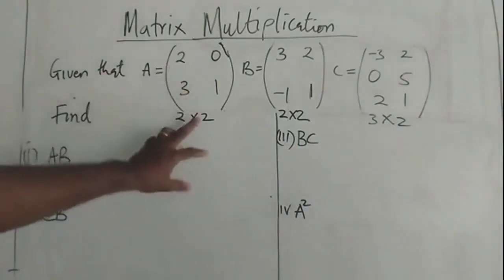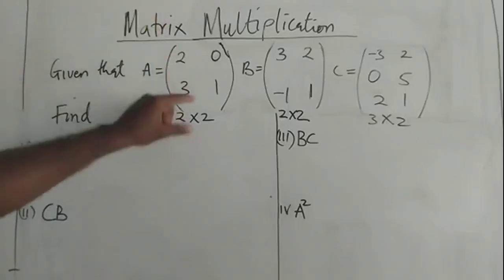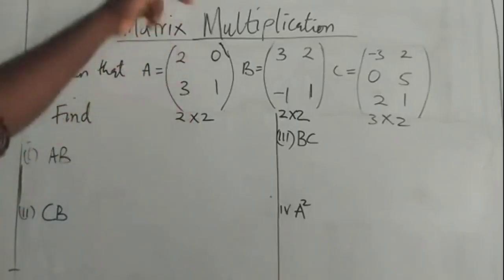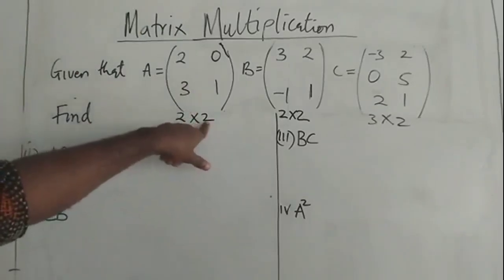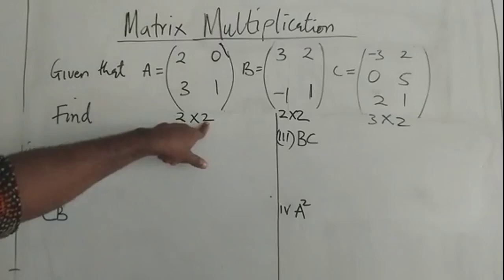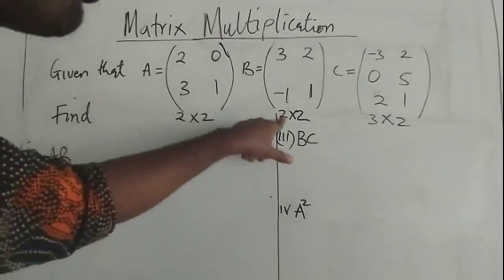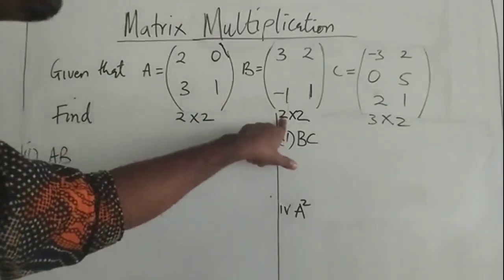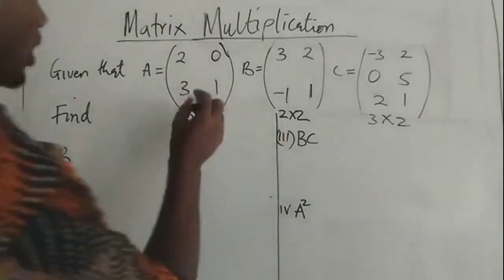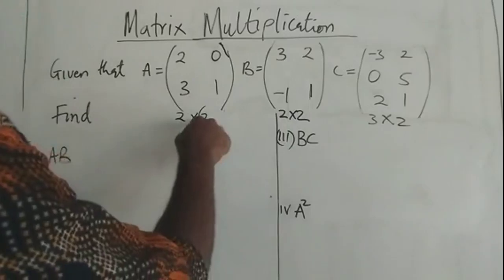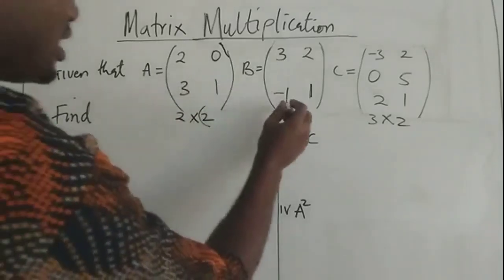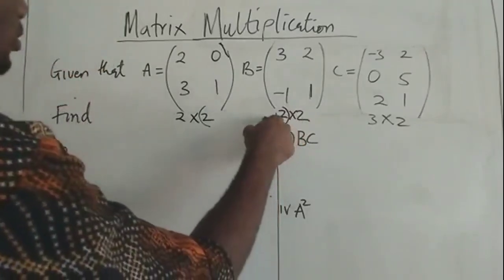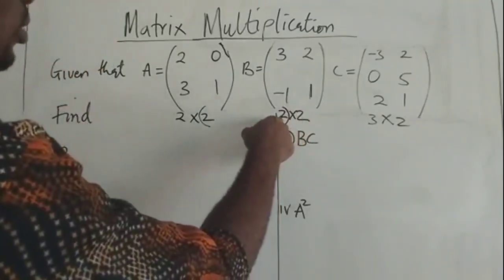Now, I said that the rule is the number of columns of the first matrix must be equal to the number of rows of the second matrix. That is, look at this. This is the number of columns of the first matrix, and this is the number of rows of the second one.